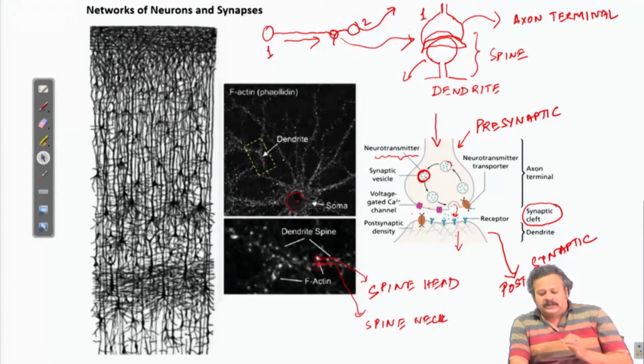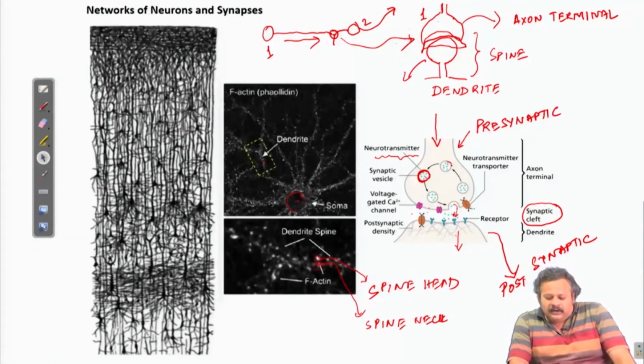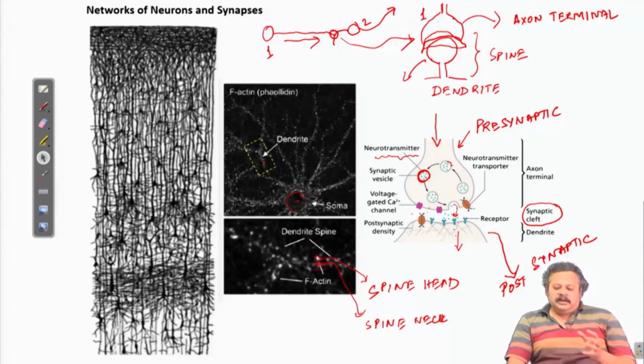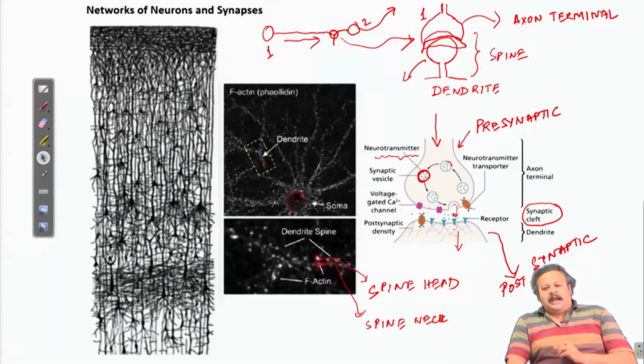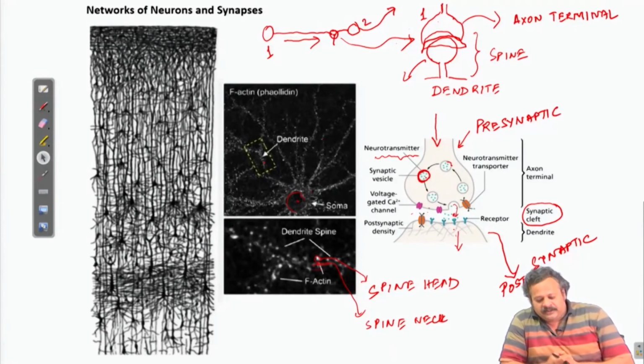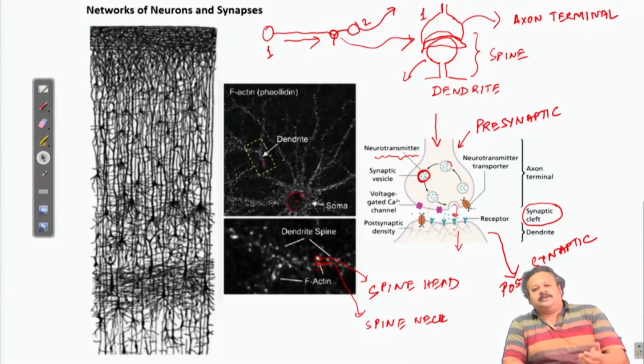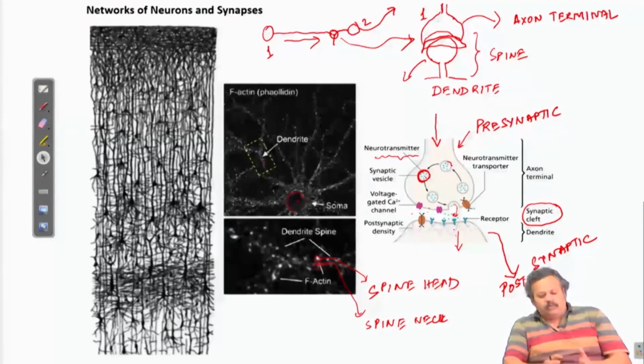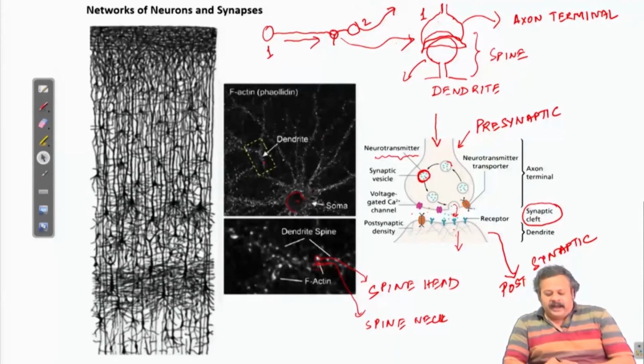It is the information that is communicated from the presynaptic side that reaches the postsynaptic side via the neurotransmitter and the neurotransmitter receptors, the neurotransmitter being in the presynaptic terminal, the receptors being in the postsynaptic terminal, and then the way in which the neurotransmitter receptors behave when the neurotransmitter binds to them determines how the presynaptic neuron changes the postsynaptic neuron's activity or its membrane potential.